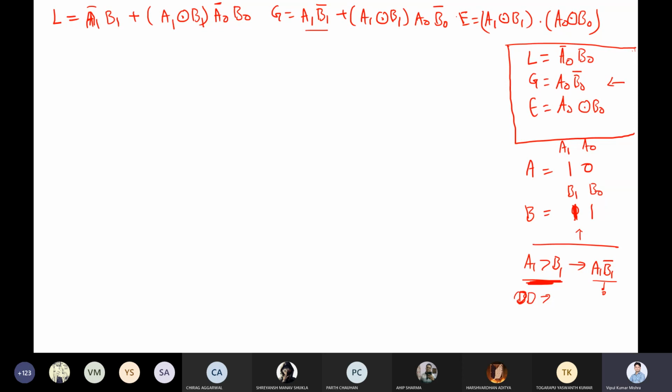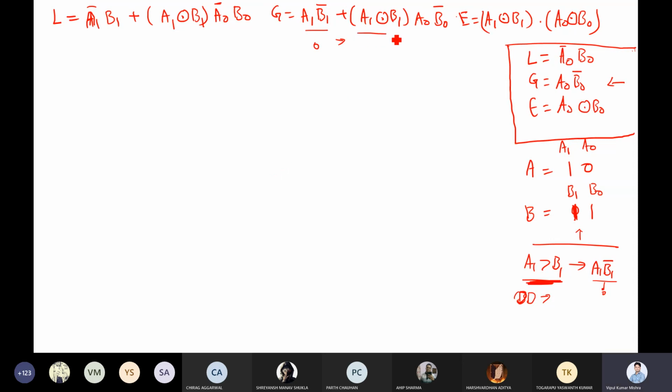So then what will you check? You will check if they are equal, then only it is good to go forward. If they are not equal, then we are out anyway. So the second thing you will check is whether A1 is equal to B1 or not. Got it? If this is false, this is 0, then only you will move forward.